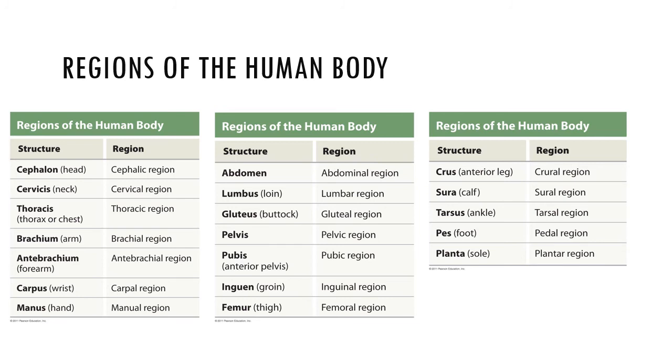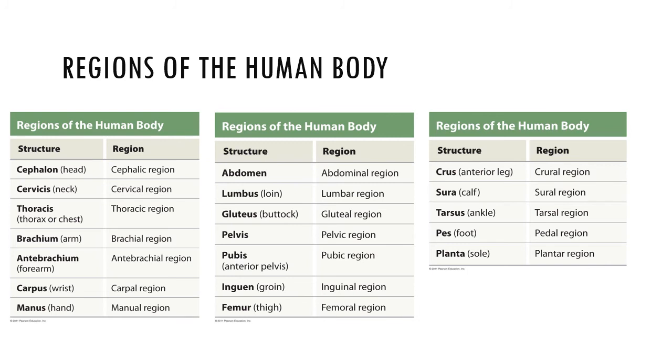The wrist region is known as the carpal region. Your hand is known as the manual region. Of course, the abdomen is your abdominal region. Your low back is known as your lumbar region. Your buttocks is known as your gluteal region. Pelvis is the pelvic region. The anterior pelvis is known as the pubic region. The groin area is the inguinal region.